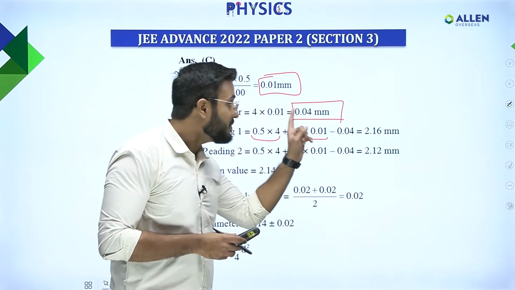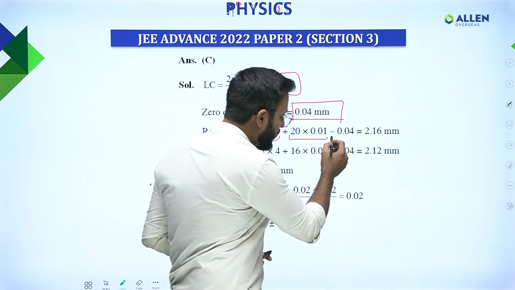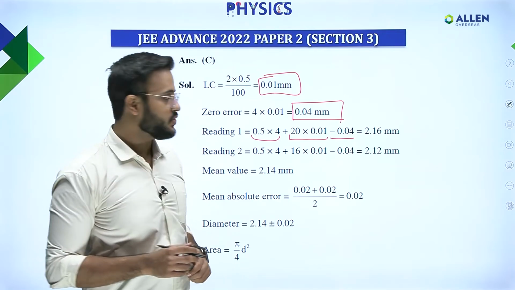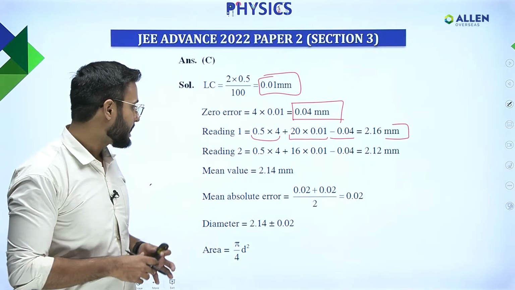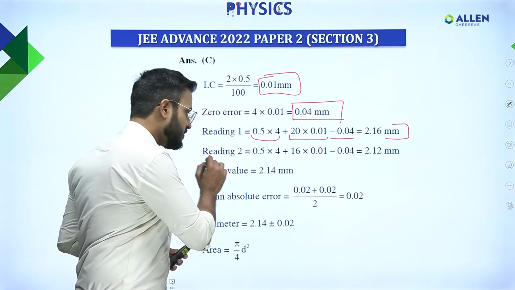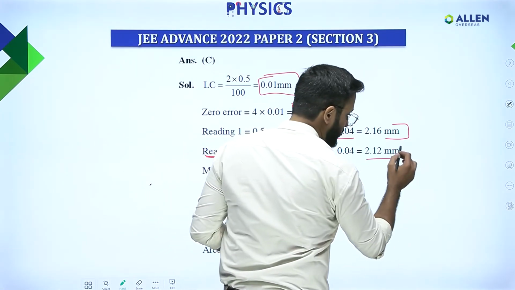But from here we also have to subtract the zero error, so minus 0.04. So what do we get? We get 2.16 mm. Correct? The same can be done for reading 2 also. So reading 2 will come out as 2.12 mm.